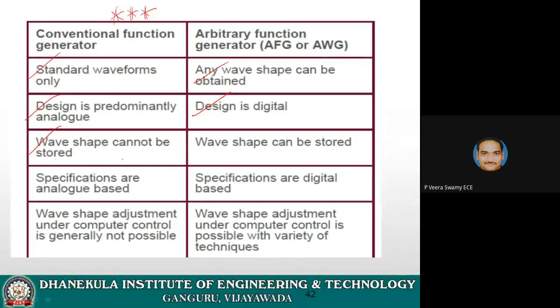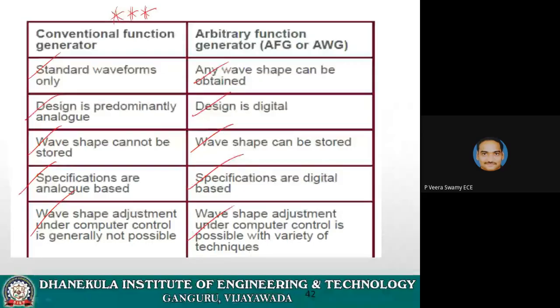Wave shape can be stored. Specifications are analog based. Specifications are digital based. Wave shape adjustment under computer control is generally not possible. That means you are not using any computer-based things in generating normal signals. But in this AWG, wave shape adjustment control is possible with a variety of techniques.